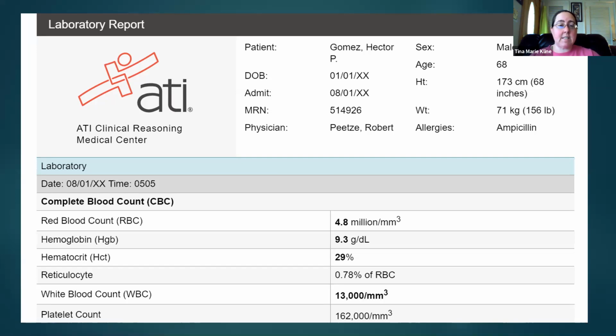So this was his CBC. So I put all of the labs in there. I didn't pick and choose. You can determine what you want to put in there in relation to when you're discussing the lab and diagnostic tests. Remember, you're selecting things that focus directly on his diagnosis, the COPD, as well as the COPD exacerbation.